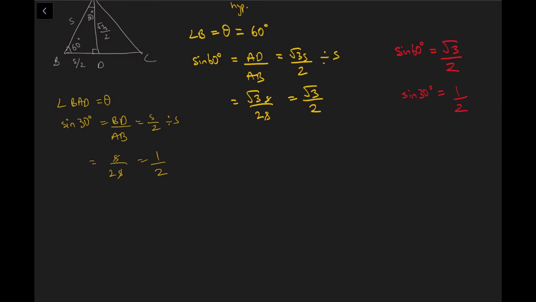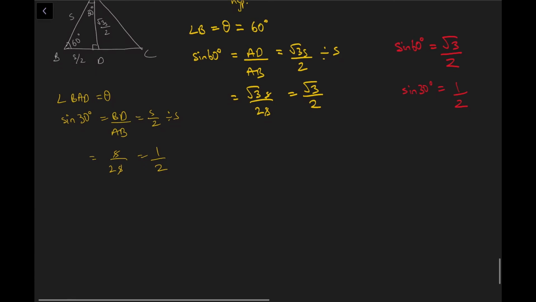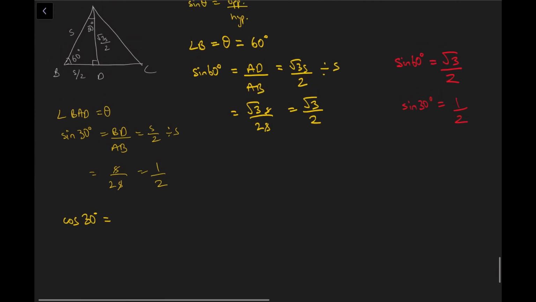Now for cos as well, we can do the same thing. So cos 30, which in this case is angle BAD, will be equal to the adjacent side divided by the hypotenuse, which is AD by AB, which we saw over here. It's equal to root 3 by 2.